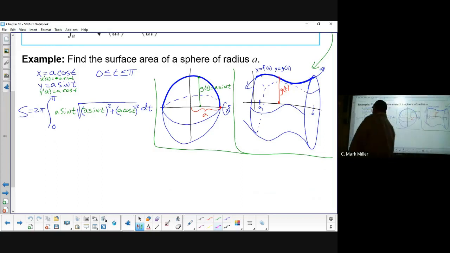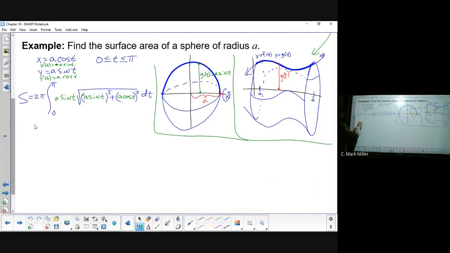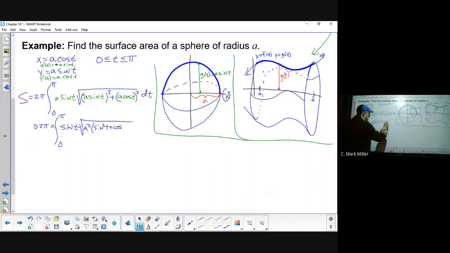Over here, we have to rewrite this. 2 pi integral. This a can come out, so I'm going to put that one a out there, and sine t, 0 to pi, square root of a squared sine squared t plus cosine squared t dt. Like last time, this equals 1.